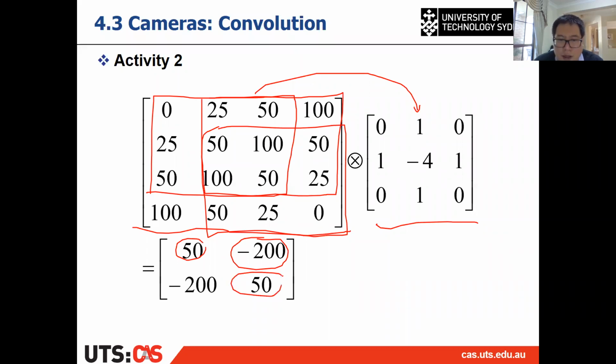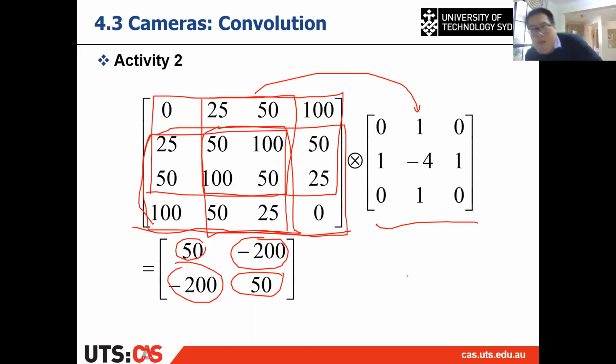Then you have the value here. And you shift it to the left, then you have this submatrix, and you calculate the value and put it here, something like that. All right. So that is the convolution with an image which is larger than the kernel matrix.